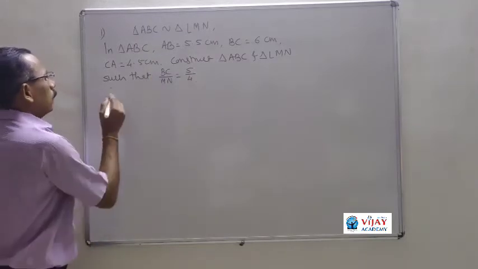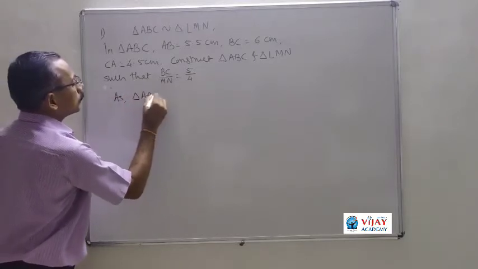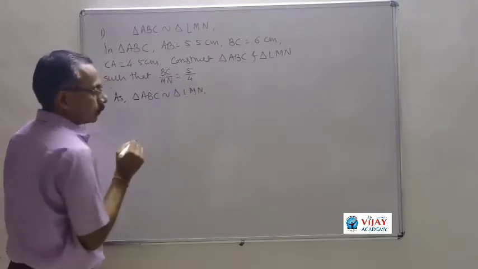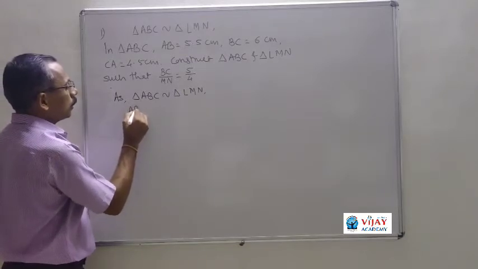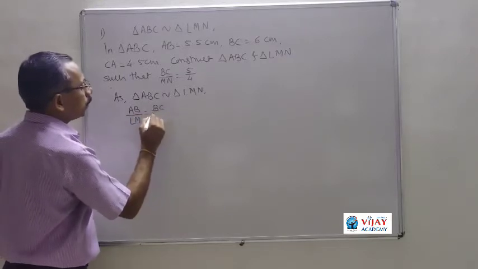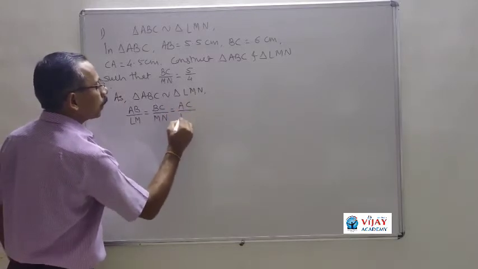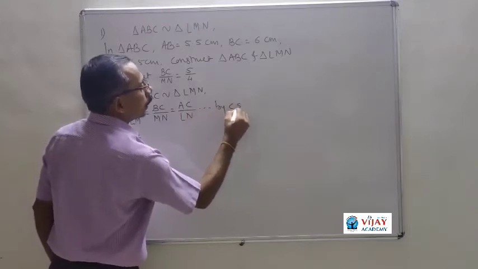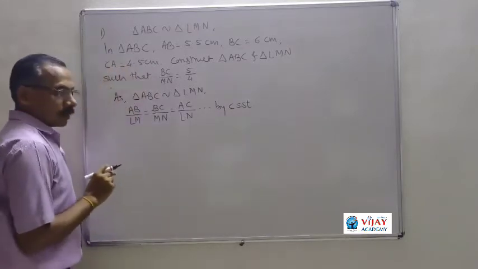You are given triangle ABC similar to triangle LMN. Now write down the ratio of the corresponding sides: AB upon LM is equal to BC upon MN is equal to AC upon LN, by CSST, corresponding sides of similar triangles.